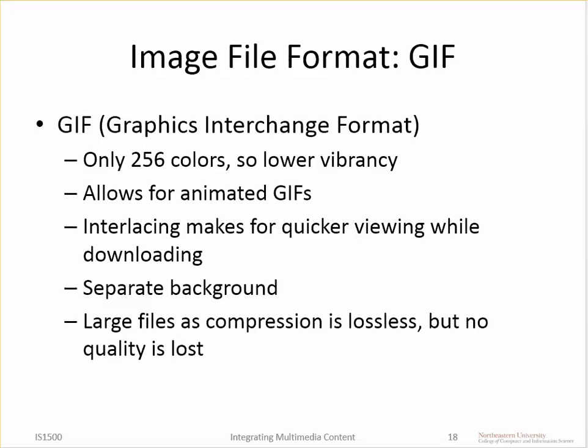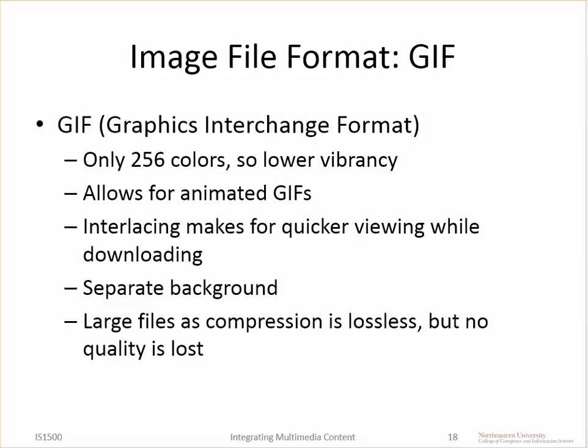That typically means we take 3 bits for red, 3 bits for green, and 2 bits for blue, because we can't see blue as well as we can see the other channels. So that means that there's a lot less color vibrancy. As humans, we can see about 16 million colors. So if you only have 256 colors on an image, it means that the image is not as color vibrant. It's not what's called photoreal.